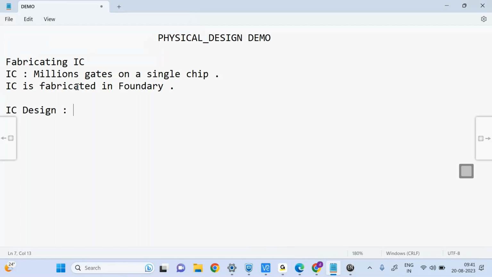Once an IC comes out to the market, its cost will be, for example, a company has invested like 10 crores in fabricating an IC. Once the IC comes into the market, its cost is not even more than 2,000 rupees. I'm talking about an IC which is used for a mobile phone.